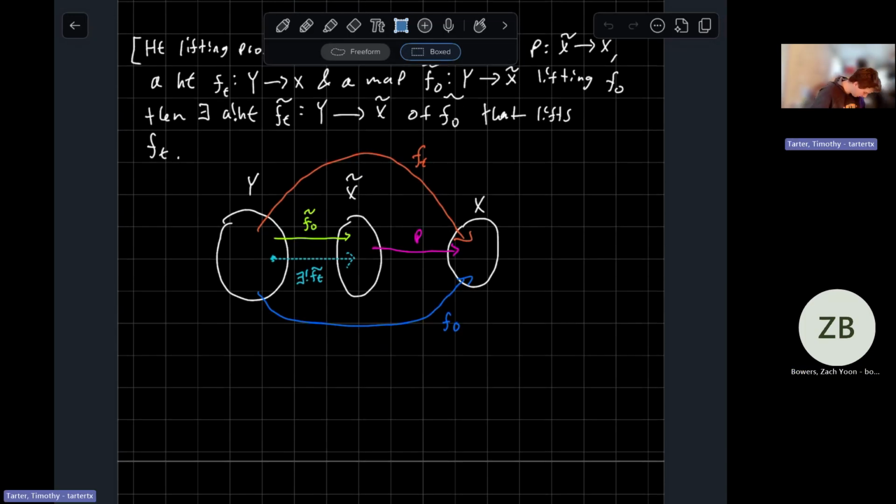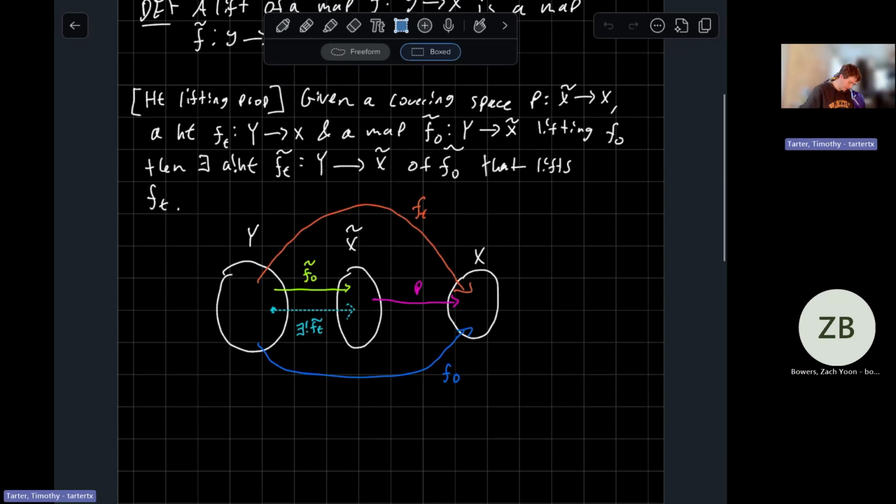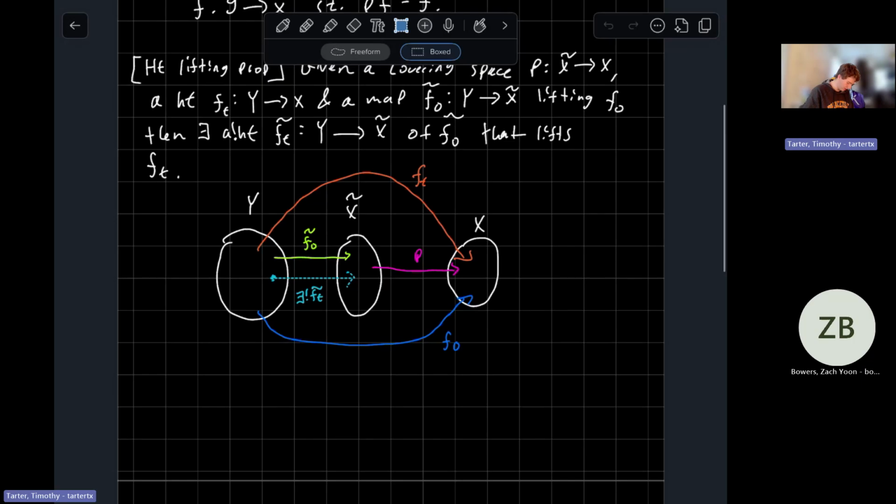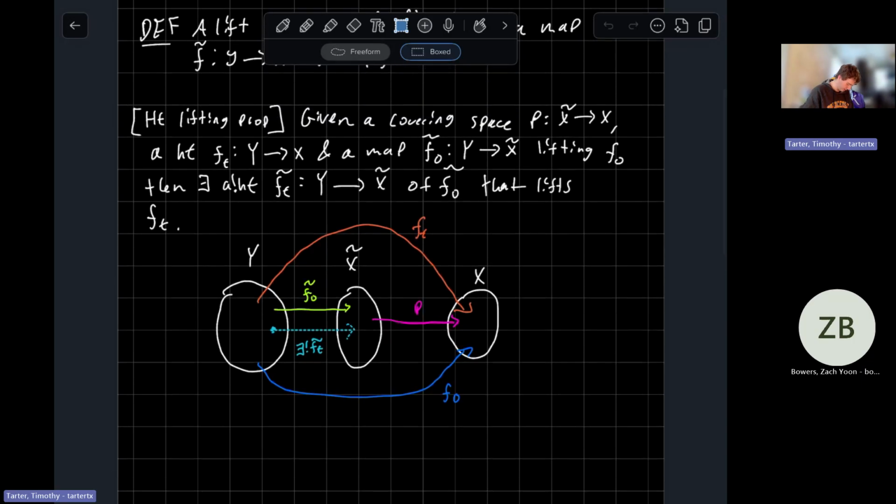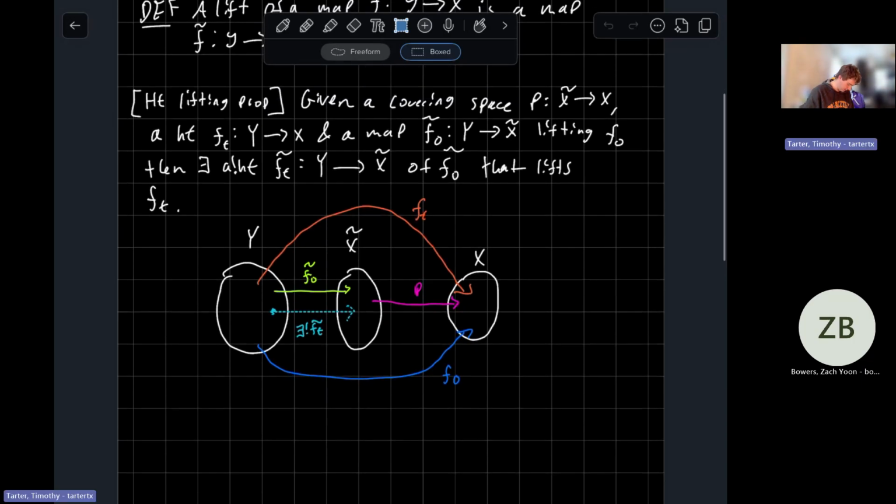I'm seeing how this would exist, I'm just wondering why it's important. There's a homotopy of f naught, of this green thing.